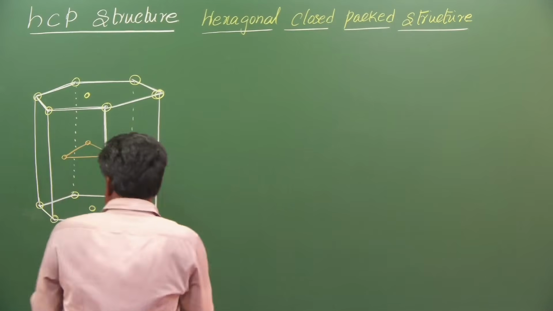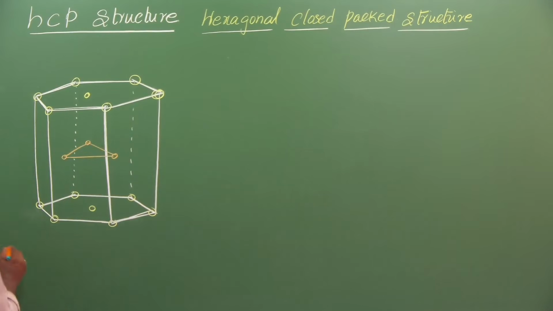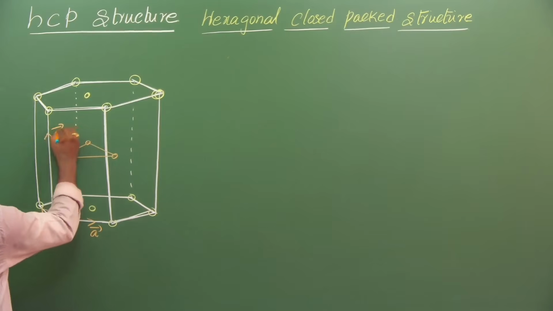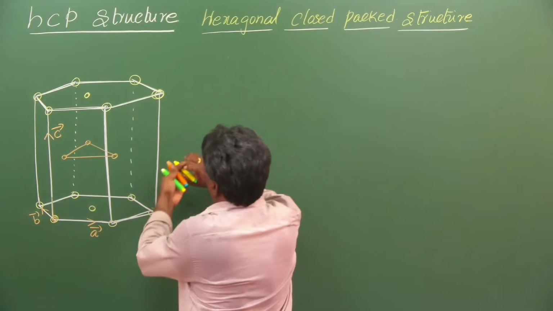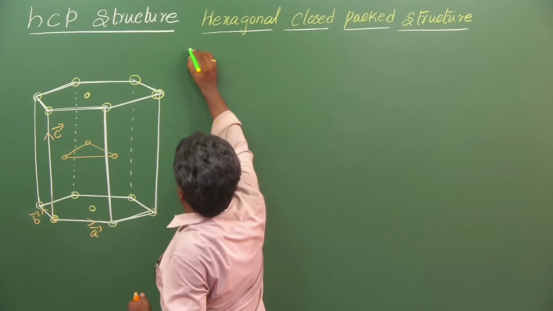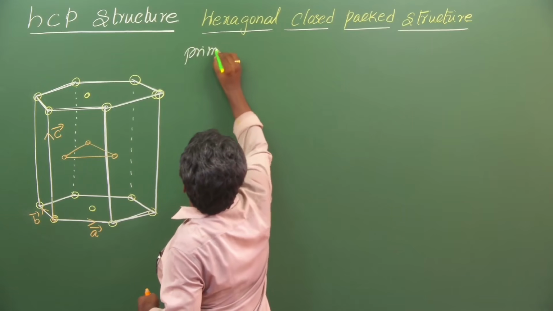That's it. Now let us come to the primitive vectors. This is the origin, this is A bar, this is B bar, and this is C bar. As usual we have to write the primitive vectors first.